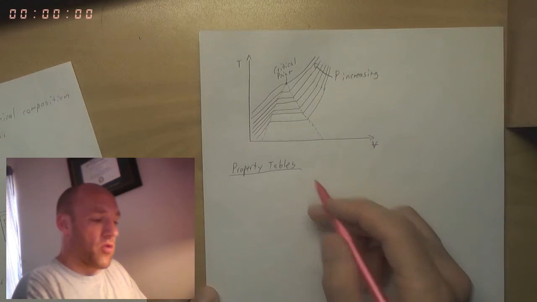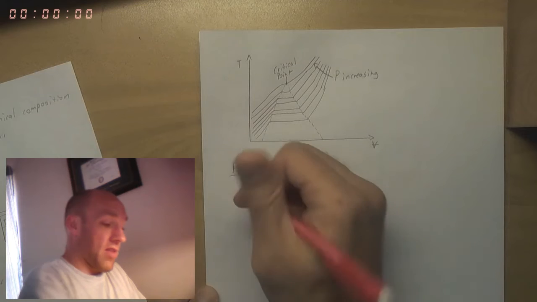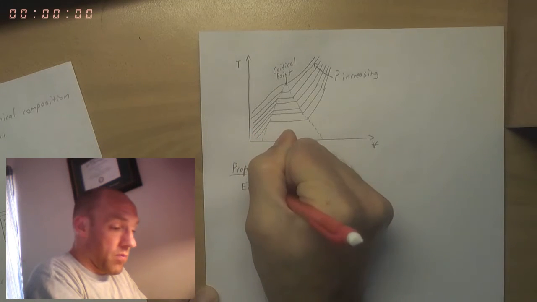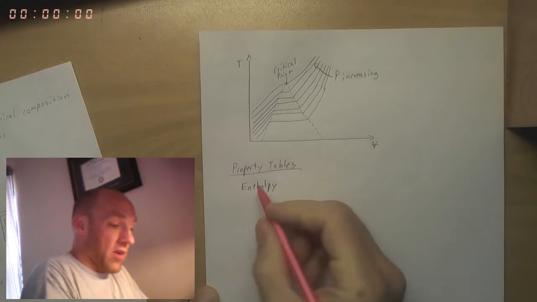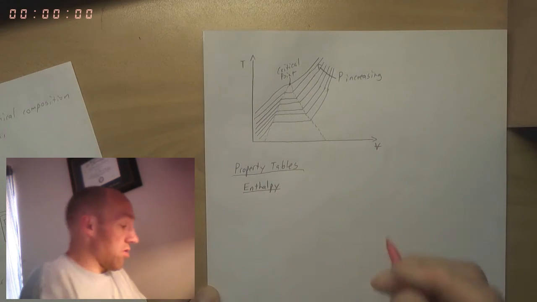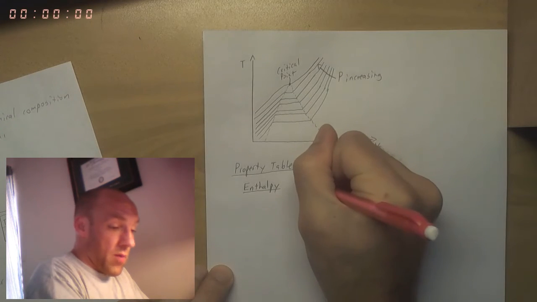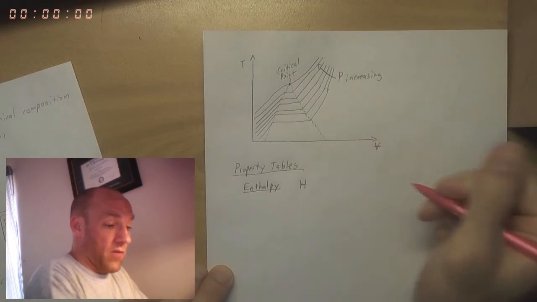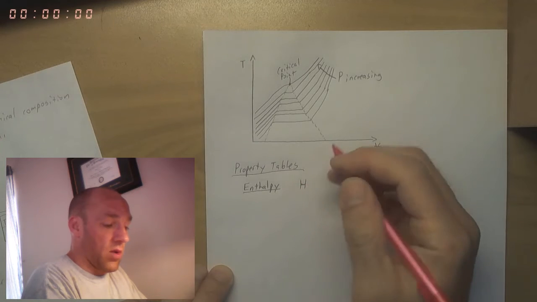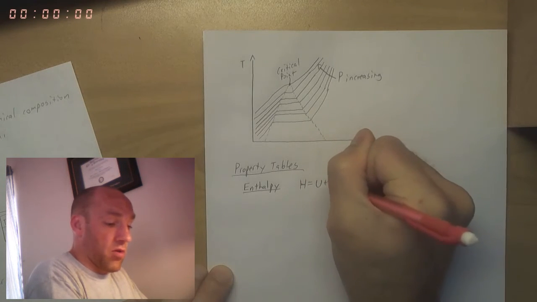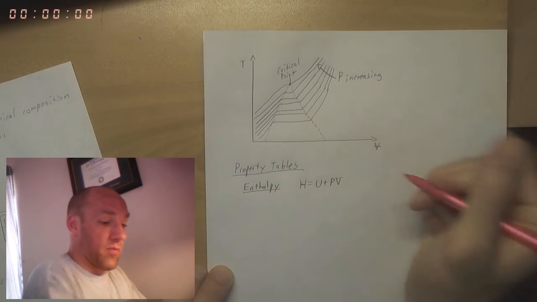I'm going to have to introduce at least one more property, and that's enthalpy. And you've actually already been introduced to this somewhat. If you remember, when we were talking about the properties of flowing fluid, enthalpy, given the symbol H, is just the internal energy plus the pressure times the volume.